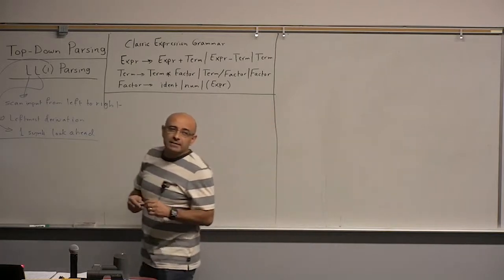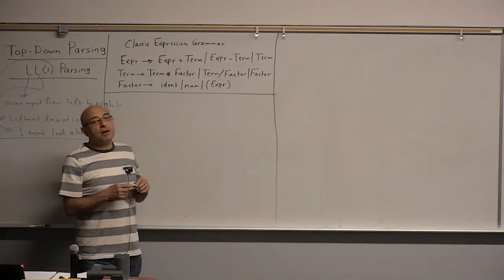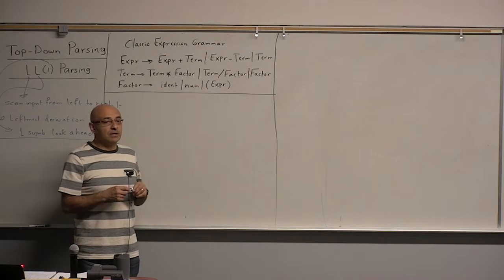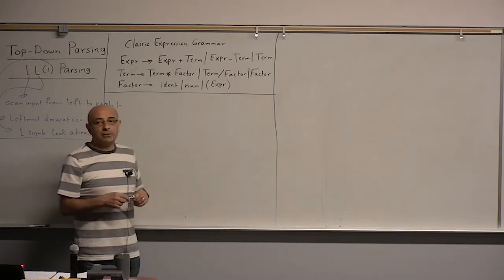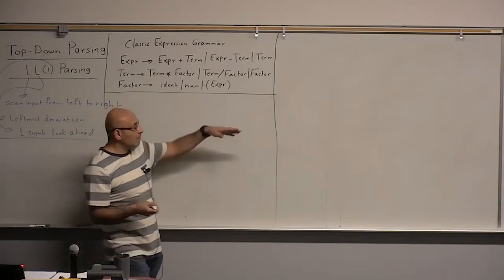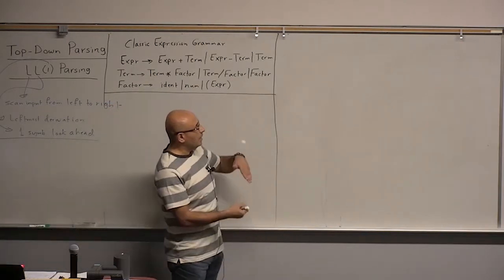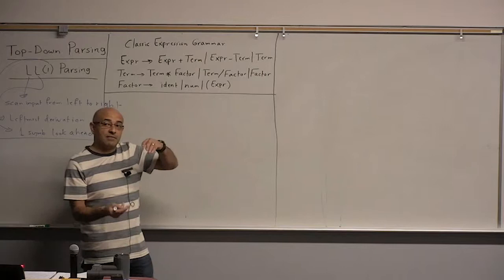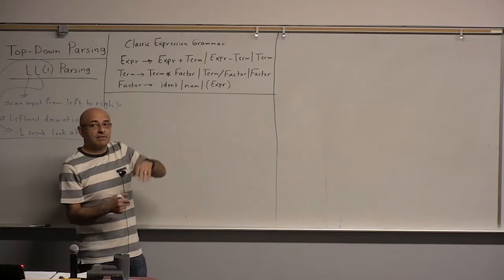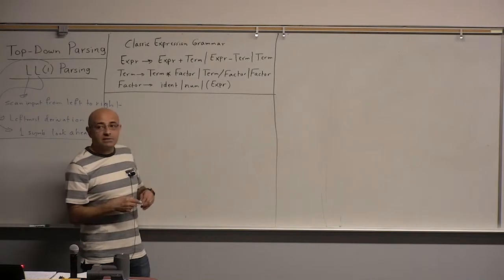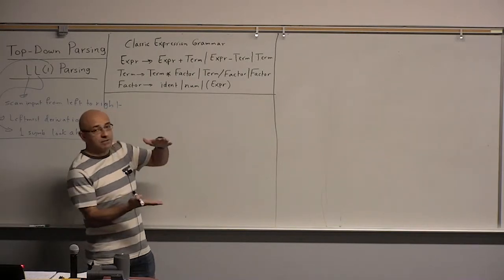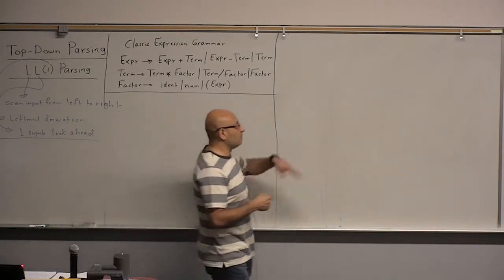But with this backtracking, parsing will not be efficient at all. We'll be talking about exponential time, an exponential function of the depth or height of the parse tree, because the number of nodes in a tree is an exponential function of the height of the tree. So that's not an option. That will be too slow.